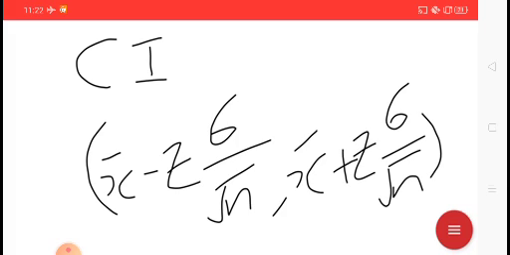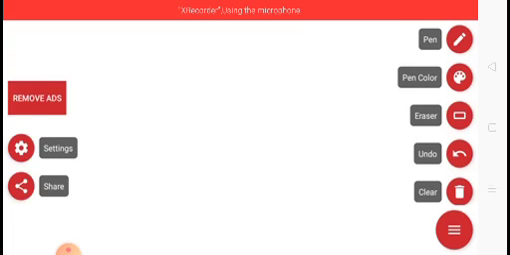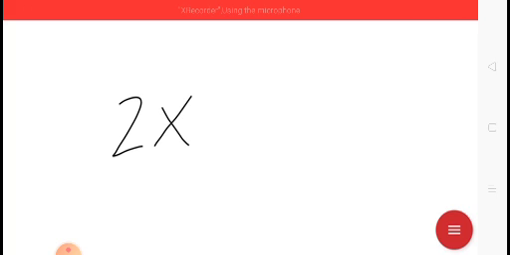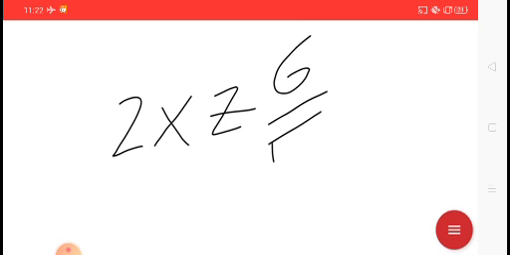As you know, the midpoint will always be equal to the mean. If you want to calculate the width of this interval, the width will be equal to 2 times z, sigma over square root n.